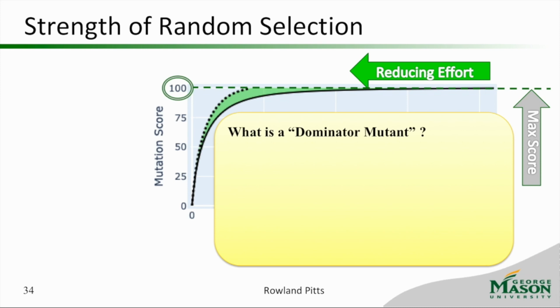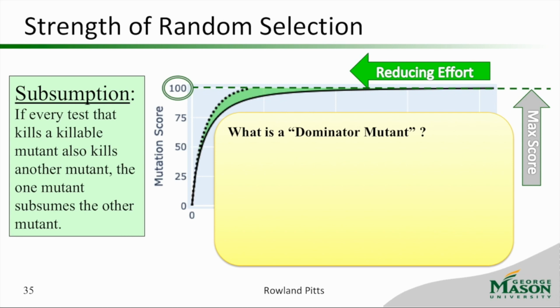So now you're probably asking, what is a dominator mutant? To understand that, you need to understand another principle we call subsumption. Basically, if every test that kills one mutant also kills another mutant, the one mutant subsumes the other.